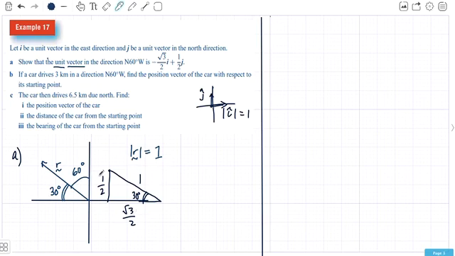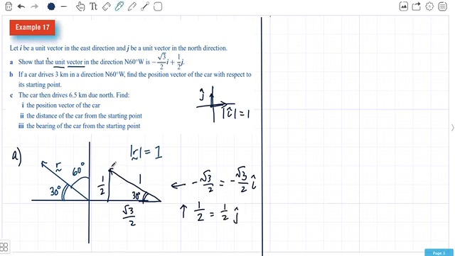So then if we look at this, we can see that in the x direction we're going that way, negative root 3 on 2, which equals negative root 3 on 2 i. And in the y direction, we're going up a half, and that would be a half j.